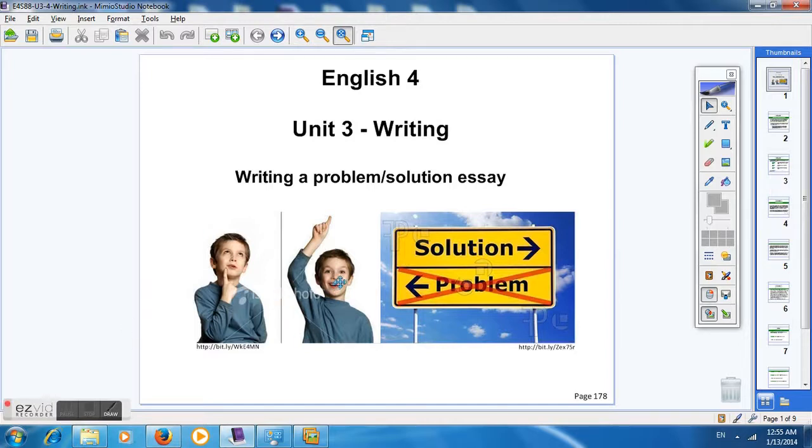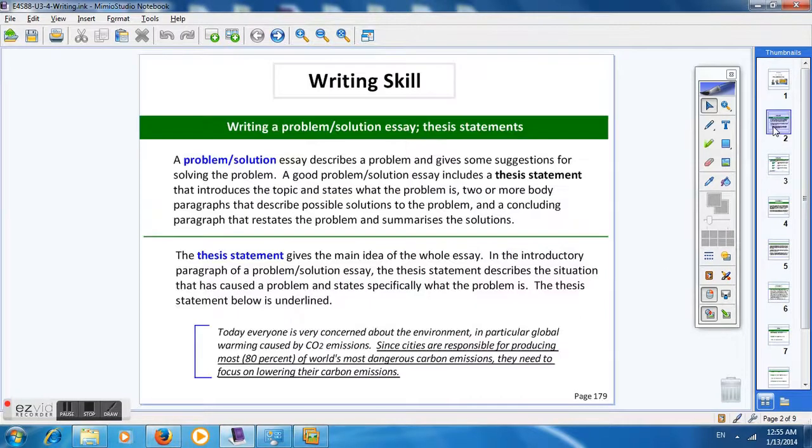So welcome to the lesson proper again. Just to remind you, this is writing a problem solution essay, or thesis statements. A problem solution essay describes the problem and gives some suggestions for solving the problem.